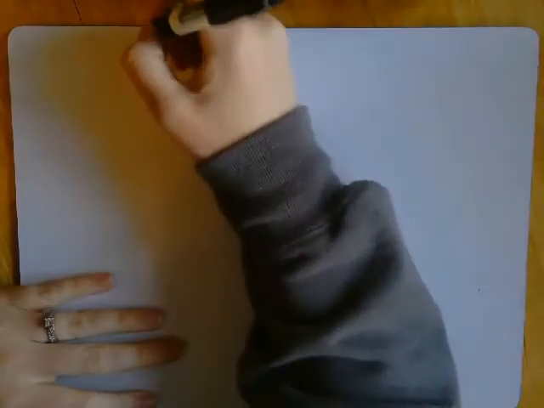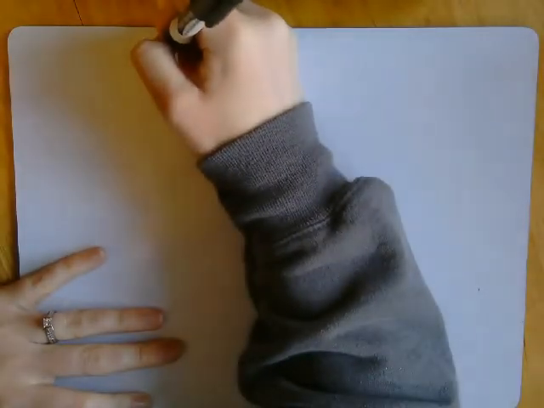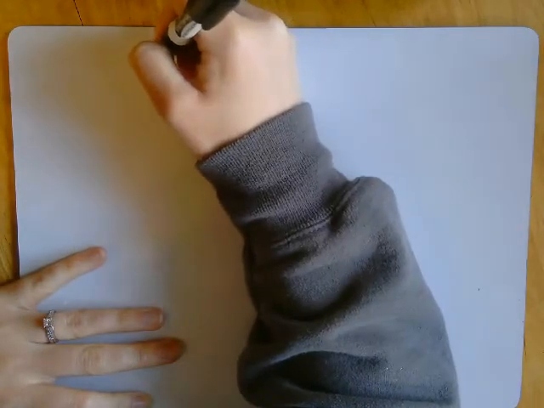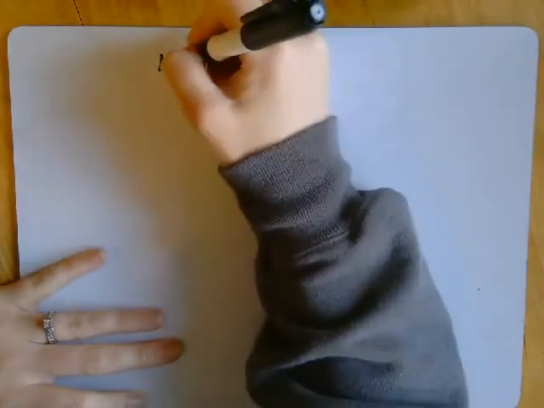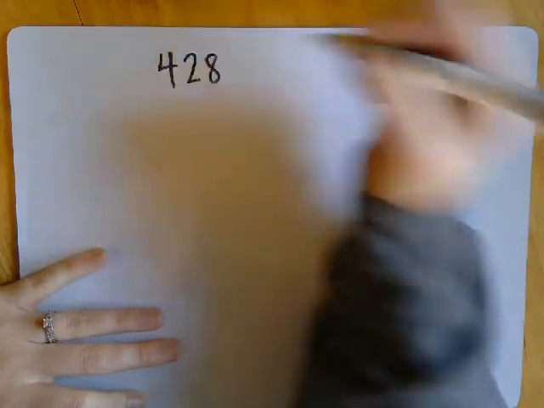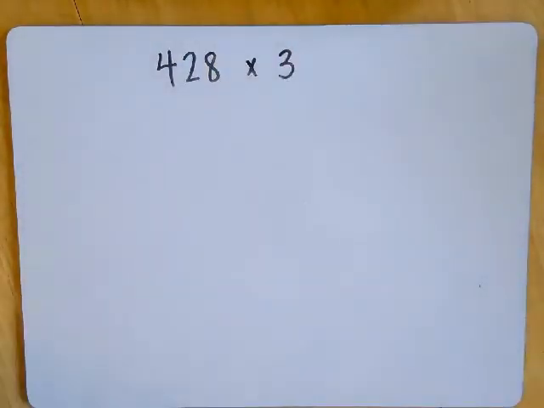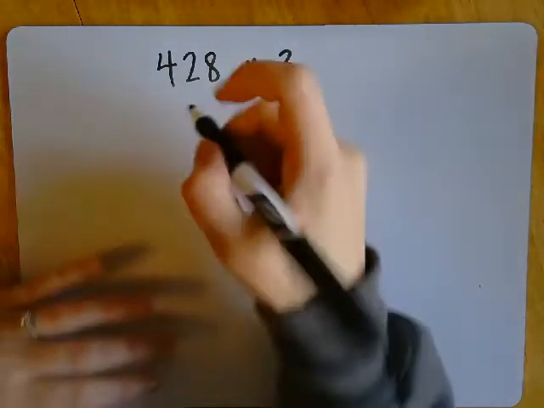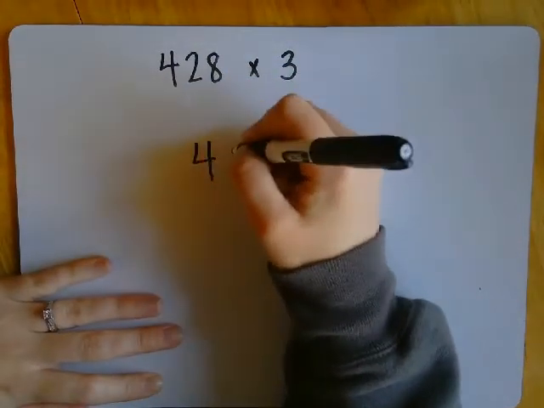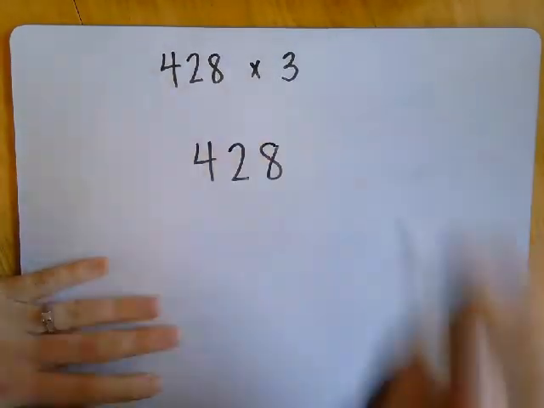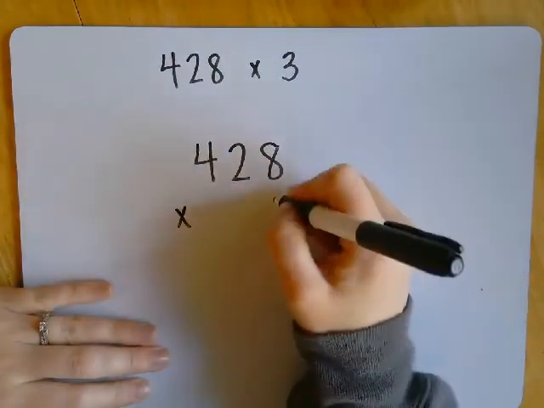Right, if I had 428 times 3, and I wanted to multiply this using the standard algorithm, I would first set it up vertically like this.